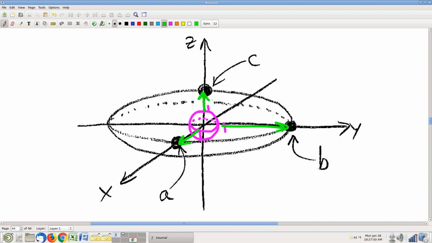And thus we get, now you just think geometrically, what happens when you take a ball and stretch it in various different directions like this? Well, you get something like this, and this is called an ellipsoid, because the cross sections are all ellipses.